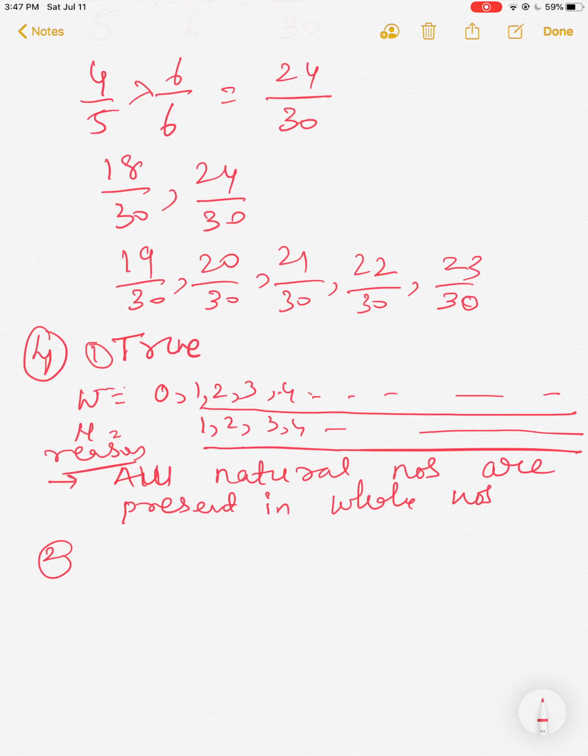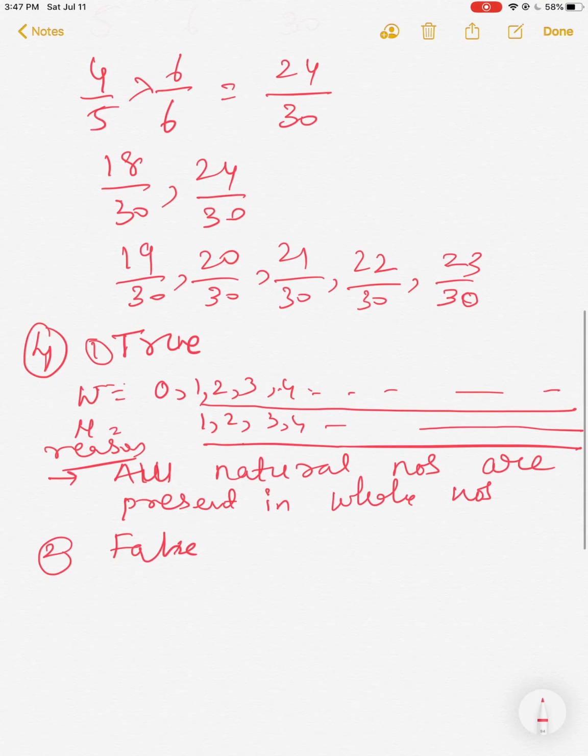So what is asked here? The statement is false. Every integer is a whole number. We have -3, -2, -1, 0, 1, 2, 3, like that, they are the integers.